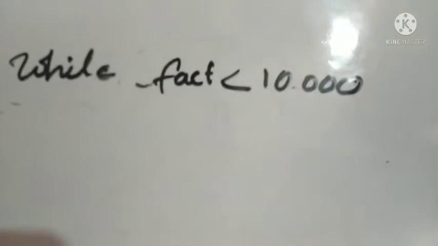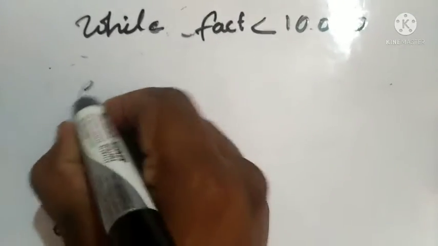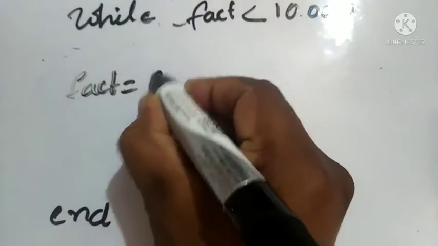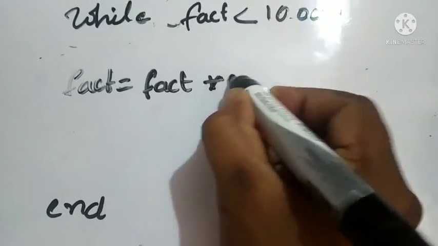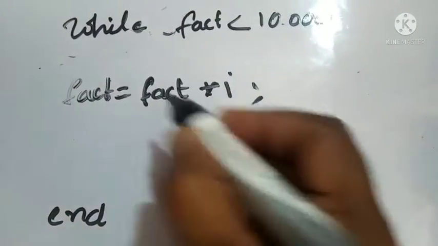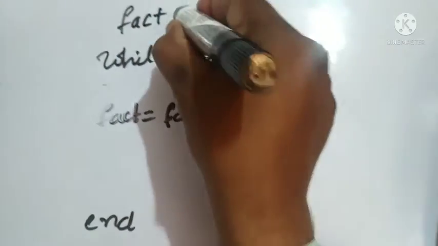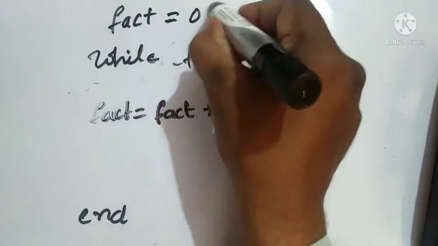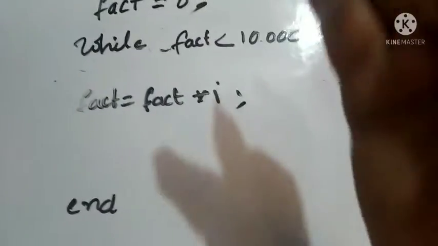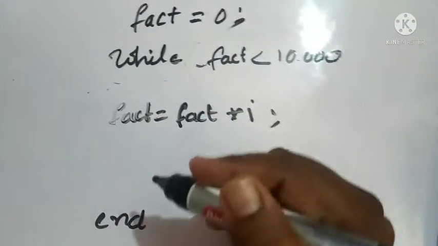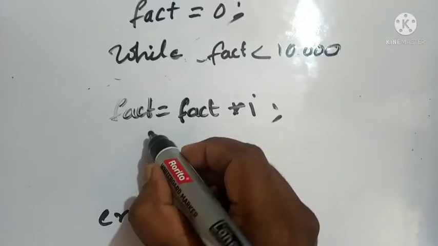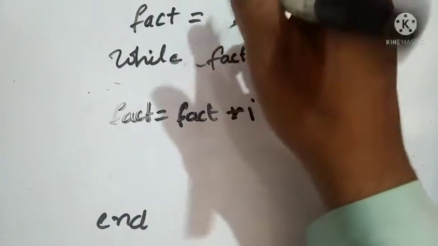So the value of fact can be fact * I. I have to declare the values first. Starting, the fact value should be 1, sorry, not 0, it should be 1.